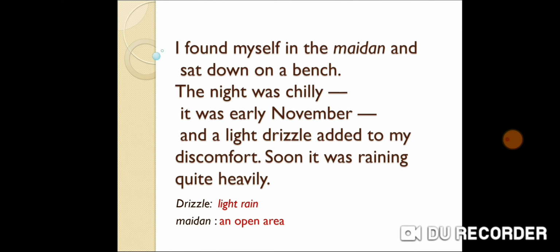It was early November. It was already November month, and a light drizzle added to my discomfort. What is drizzle? Light rain. Soon it was raining quite heavily, and now the rain has already started.